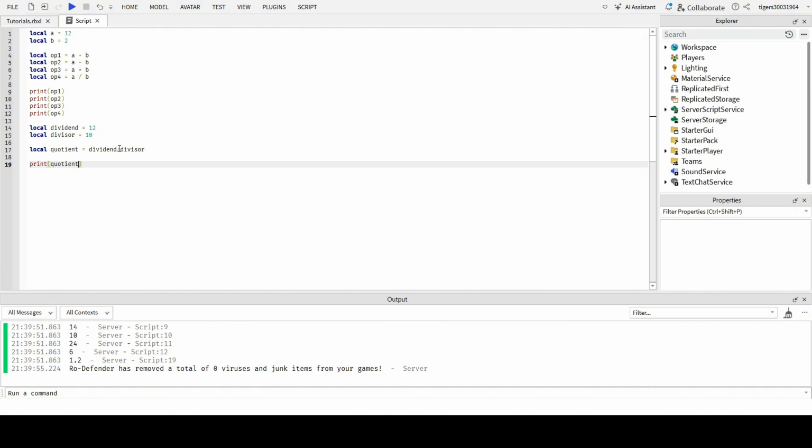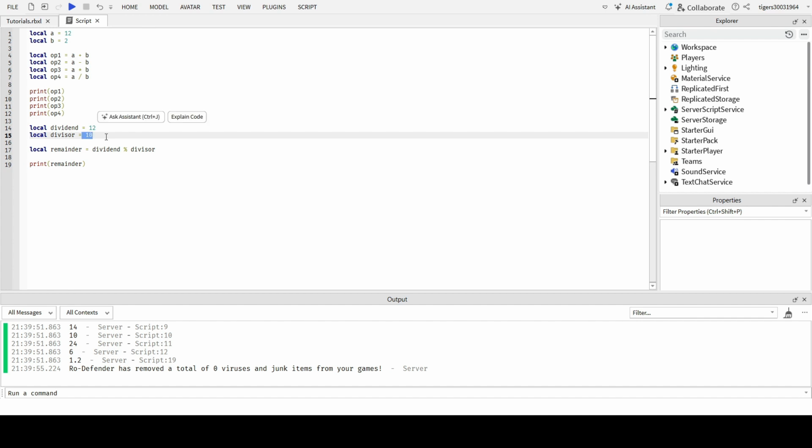But if we replace this slash with a percent symbol, then instead of doing standard division, we're now doing modulo. So instead of obtaining the quotient, modulo will obtain the remainder. To give you an example of what that means, here we're dividing 12 by 10. How many times can we put 10 into 12?